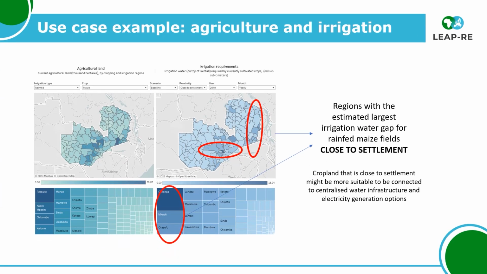In this case, we would select the agricultural irrigation dashboards to check which areas seem to have the highest demand or currently open irrigation gap for maize in the country. Based on the maps, we can see where most rain-fed maize cultivation is happening and where the crop evapotranspiration model estimates the crops to have the largest requirements for water that is currently unmet due to rain-fed only irrigation.